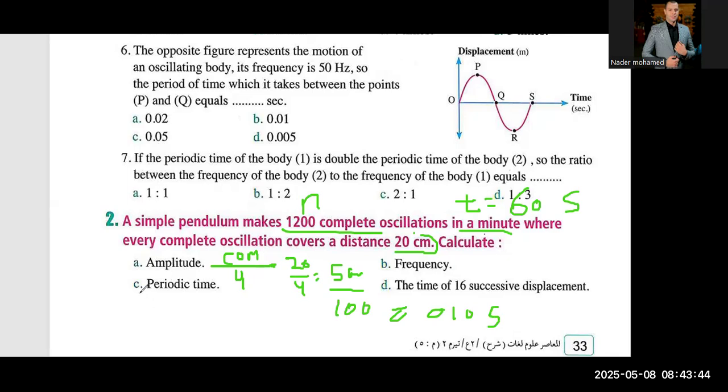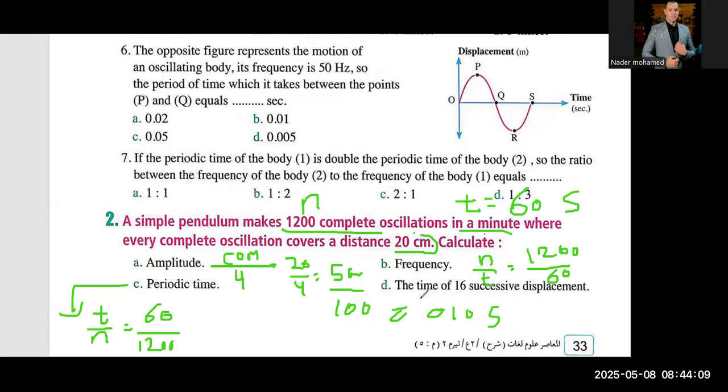Periodic time equals T over N, where T equals 60 and N, the number of cycles, is 1,200. Frequency is the opposite of it, N over T, 1200 over 60.